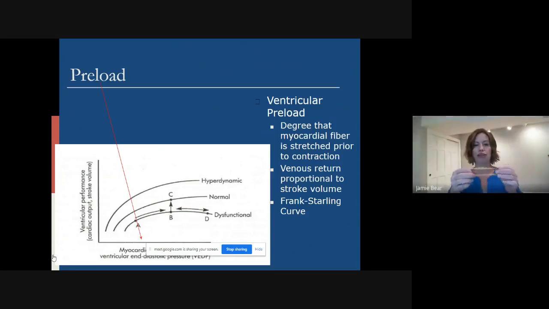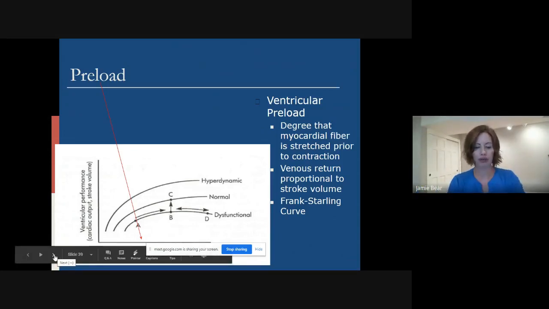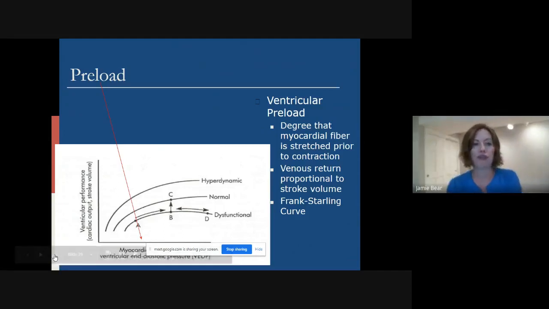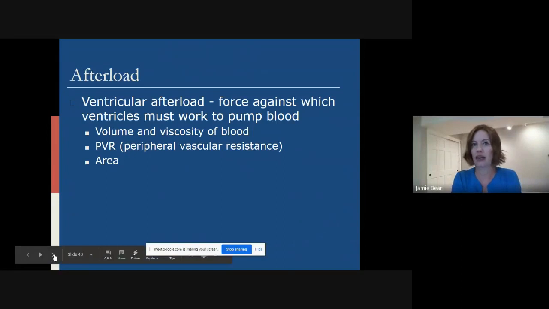If we have a lot of blood volume coming back, it's going to cause this extra stretch, and it's going to cause a big preload, or a big snap. So think about your preload as just this rubber band, and it's the blood volume that's causing that specific amount of preload.